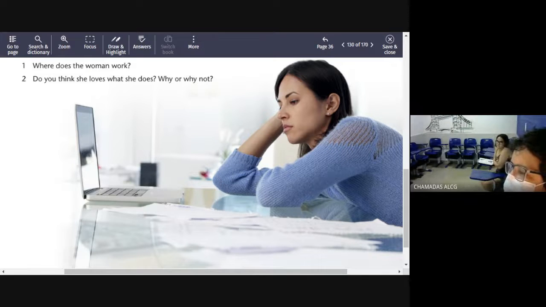Do you think she loves what she does? I don't know. In this picture, it seems that she does not love what she does, but perhaps she is just tired, right? Probably she's just reading a text and making some notes, maybe.